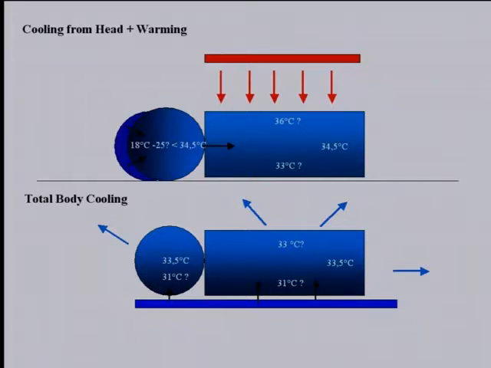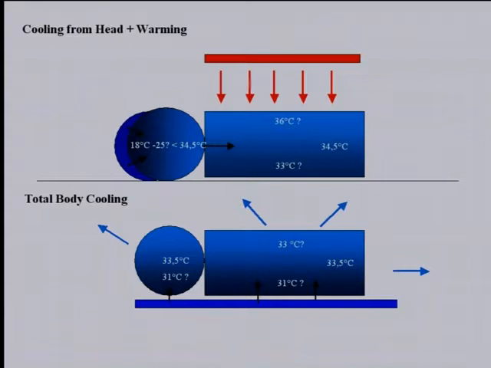So cooling from the head is always also a systemic cooling to some extent. We don't know what temperature is reached in the core of the brain or basal ganglia. Most probably it's close to the body temperature. However, the cortex will be very cold.